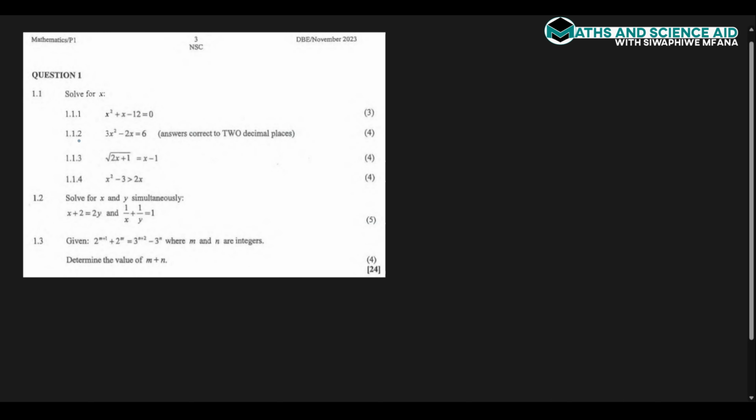And likewise, 1.1.2 is a similar question. However, here they say correct to 2 decimal places, which is always a clue for you that in this case, you cannot solve for x by factorization. Instead, you must use the quadratic formula straight away. You shouldn't even waste your time trying to factorize the expression.